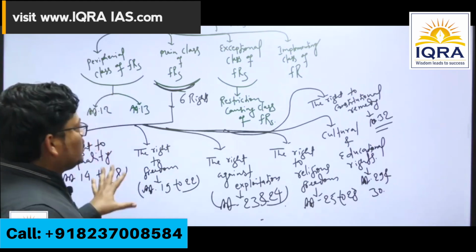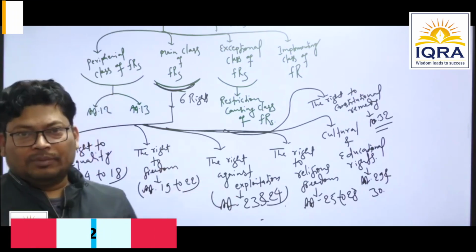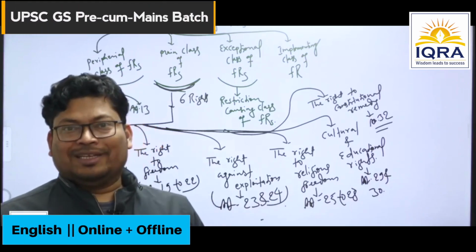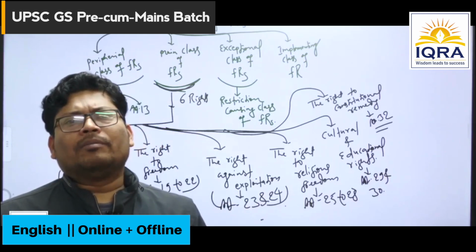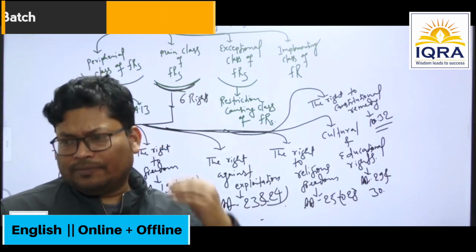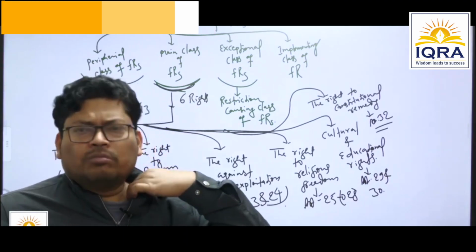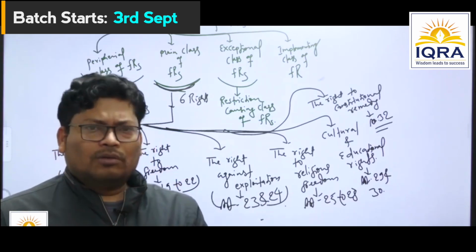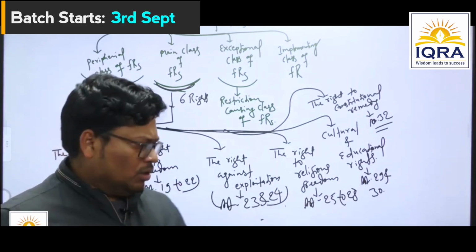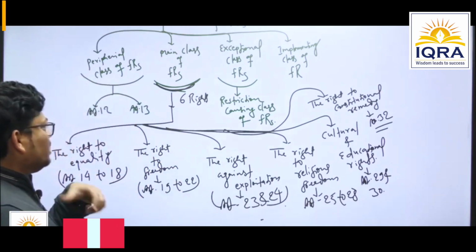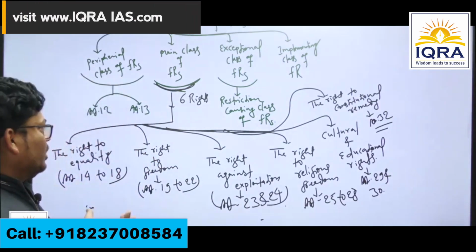But the status of fundamental rights, right since its beginning, is non-absolutist in nature. Fundamental rights under the Indian Constitution have never been absolute rights. Right since the beginning, they have been made non-absolutist rights, meaning reasonable restriction can be imposed over them.